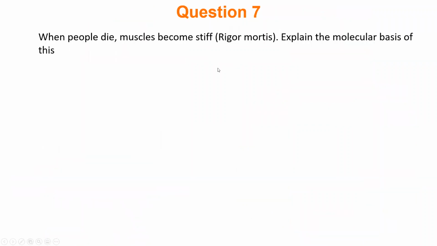And I have a question then for people. So when you die, your muscles become stiff. You are very hard to move a couple hours after you die. This is called rigor mortis. Based on what we just said, I want you to explain biochemically, molecularly, why does rigor mortis happen? Why do we become stiff when we die?